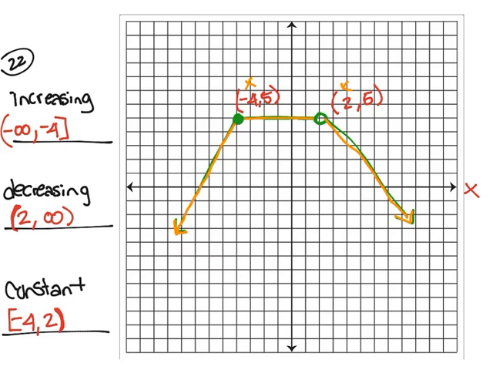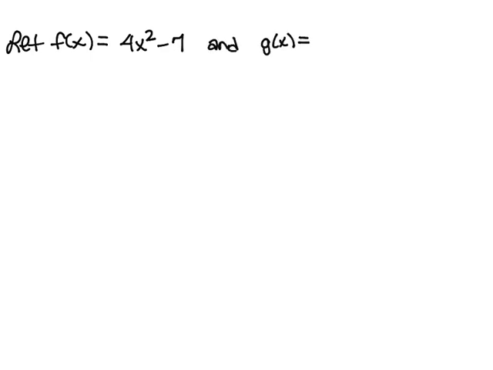Lastly, the last 4 questions are your function, operation, composition type questions. So it says, let f of x equal 4x squared minus 7 and g of x equal x squared minus 5x minus 1.